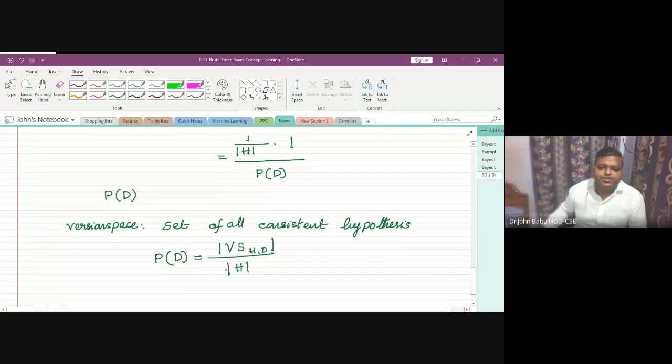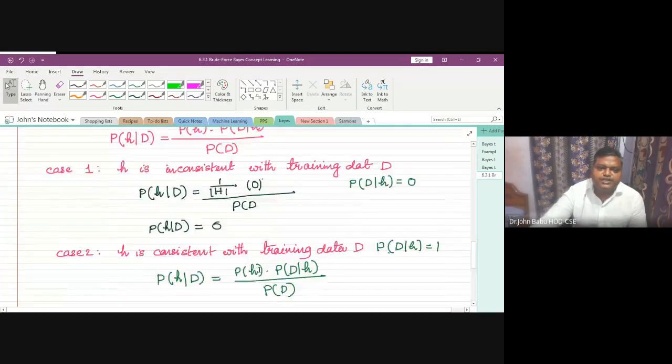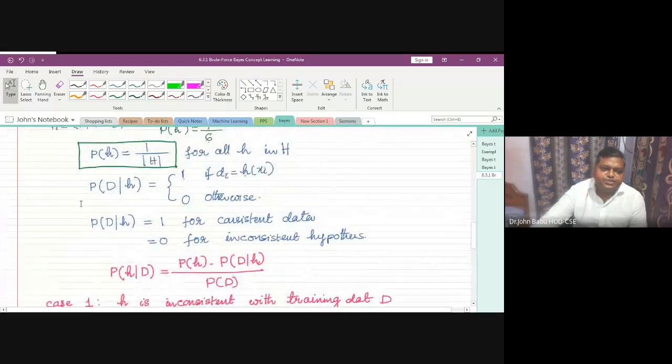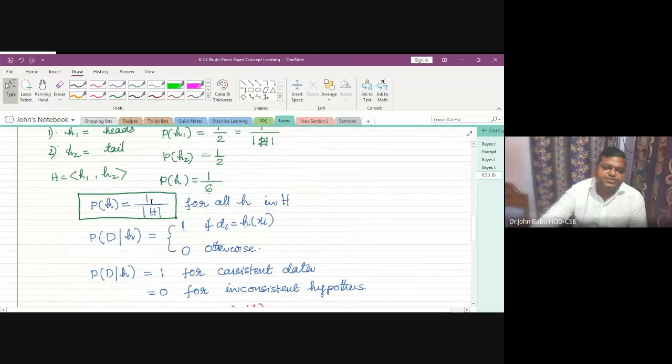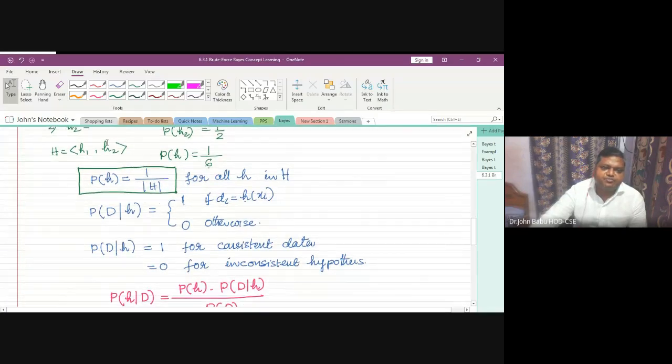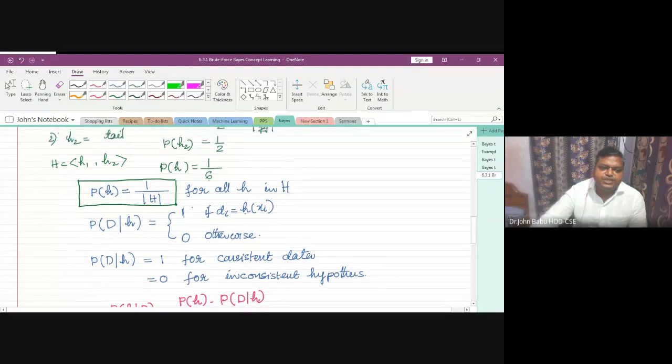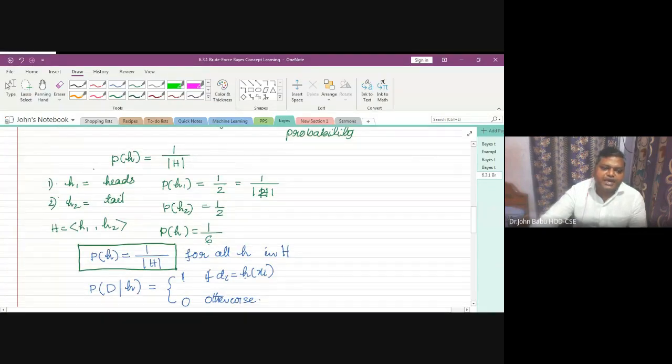So here in this derivation you have to understand two formulae. One is probability of H is equal to 1 by H. This I told you because when we have heads and tails, it is 1 by 2. When it is dice, it is 1 by 6.